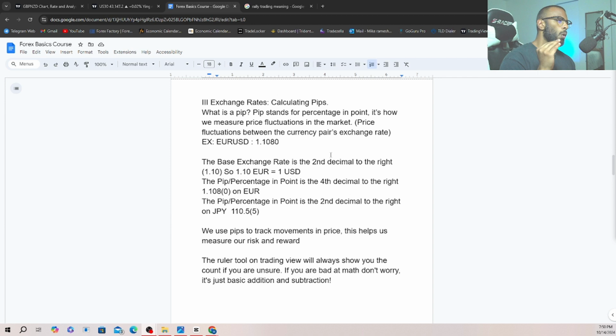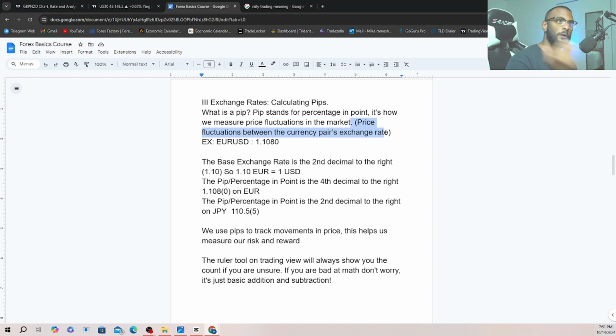What we're measuring are the price fluctuations of the currency pair's exchange rate. A PIP is an acronym that stands for percentage in point or percentage in profit. Pretty much the same thing, but I think the textbook definition is percentage in point.